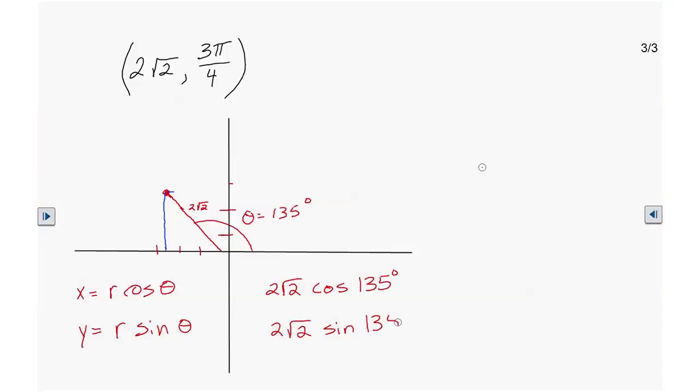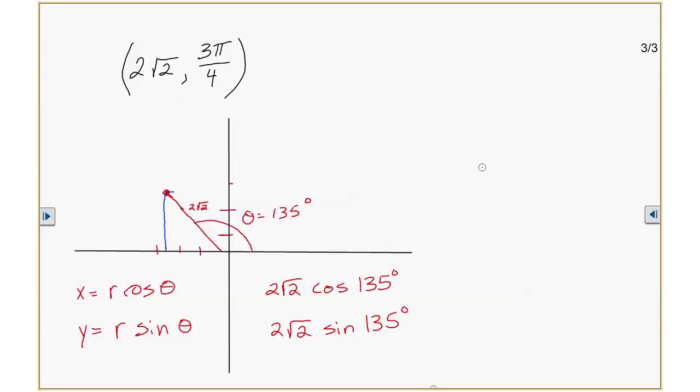Yep. All right, so somebody crank those out. What do you get? It means you got to get your calculators out. You actually got to punch it in, and y'all do that.